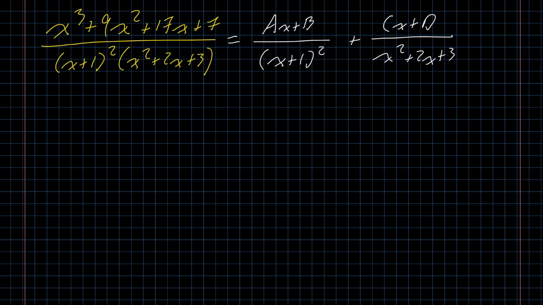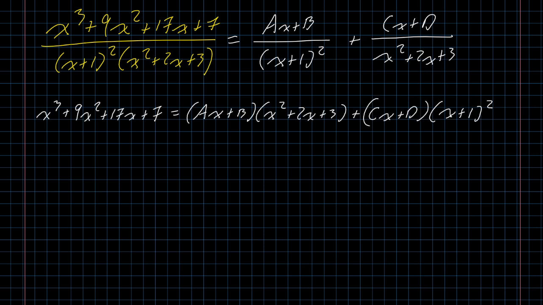Multiply both sides of the equation by the common denominator. On the left-hand side, everything cancels out with the denominator. On the right-hand side, one factor cancels out with the denominator. Distribute, cleaning up on the right-hand side.